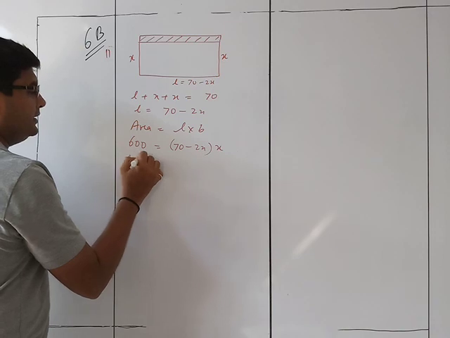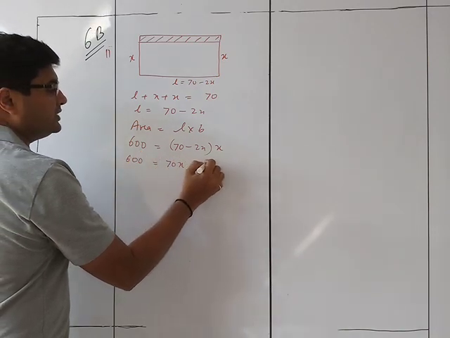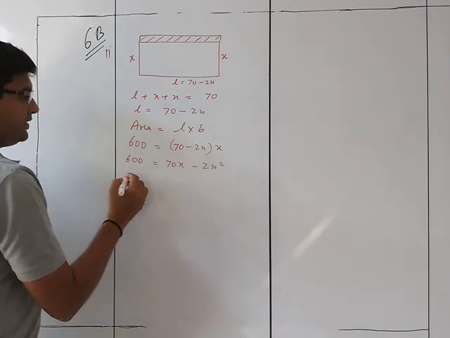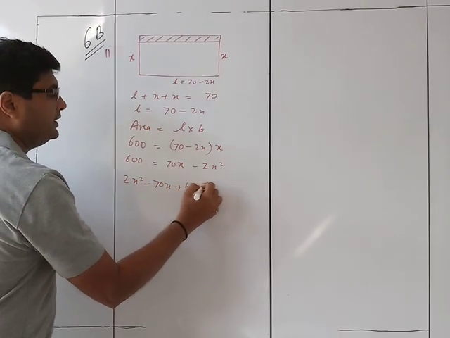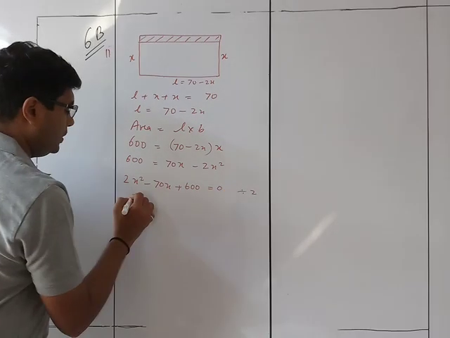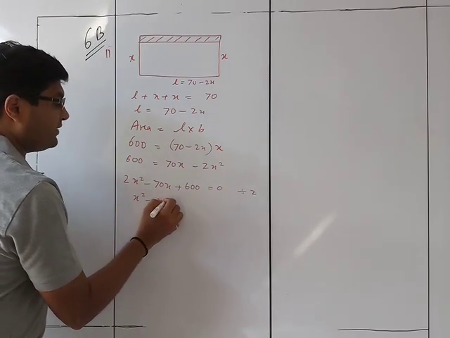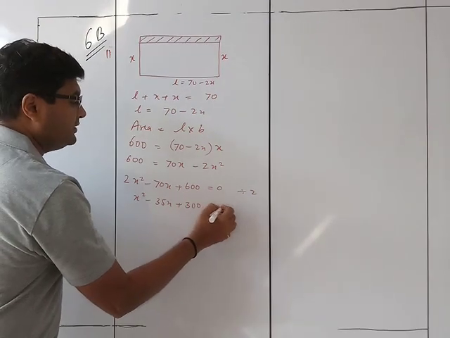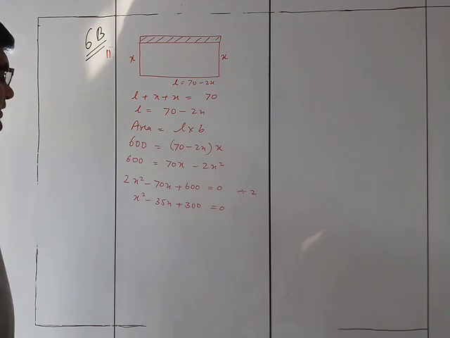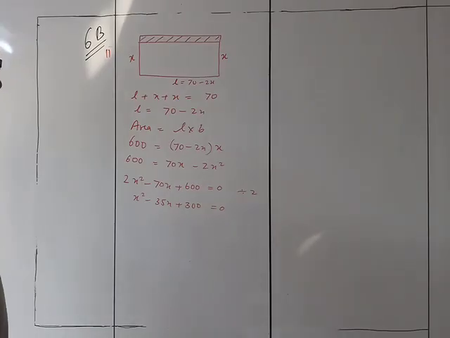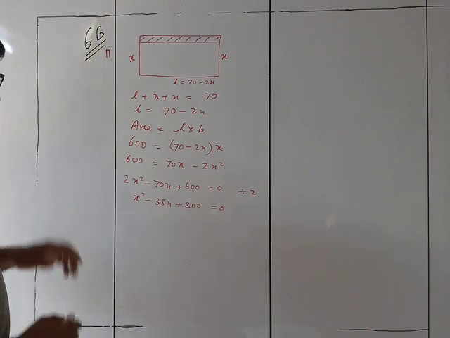So 600 is equal to 70x minus 2x square. Taking everything on this side, you get 2x square minus 70x plus 600 is equal to 0. Dividing it by 2, x square minus 35x plus 300 is equal to 0. So we got to know 35 and 300, so that would be 15 and 20.